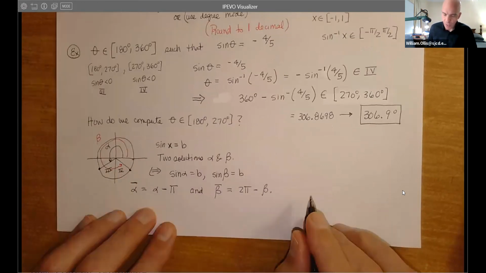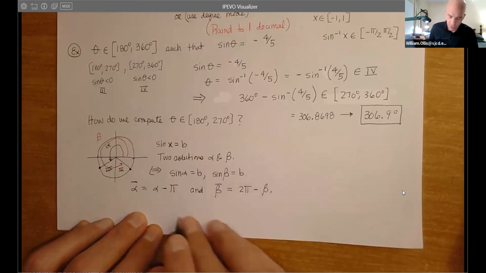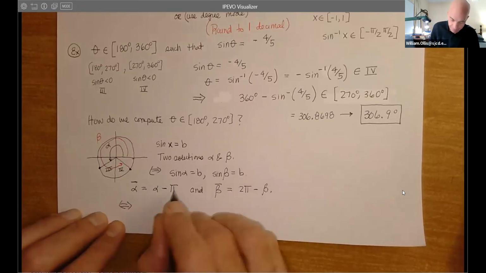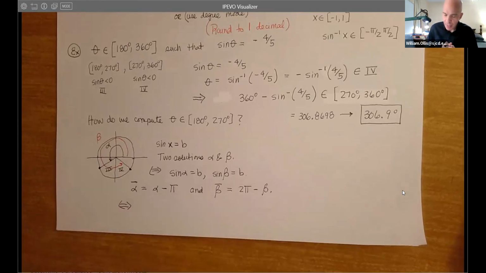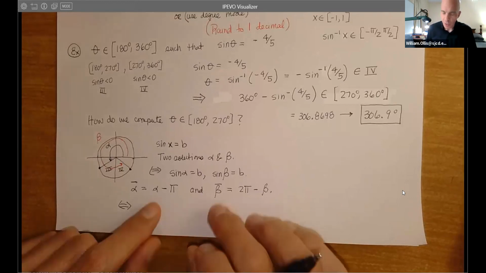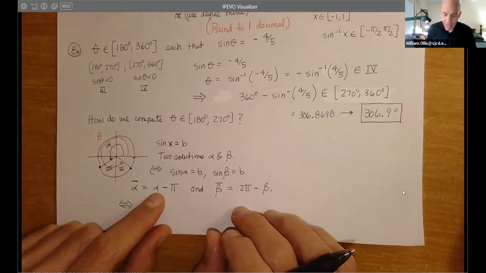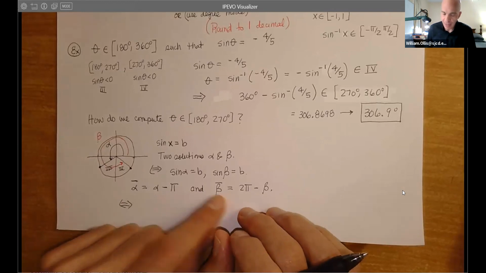So what's the relationship here? Here's my reference angle for alpha, and here's my reference angle for beta, how does that impact any of this?